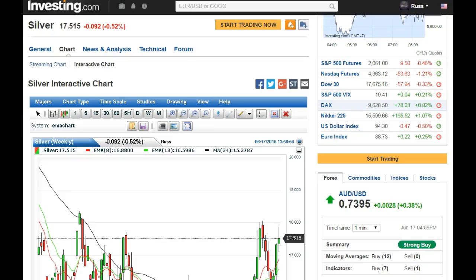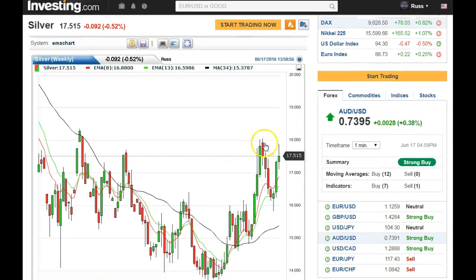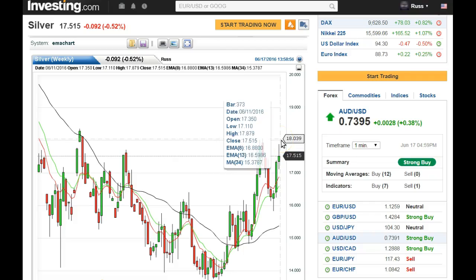Silver, on the other hand, I think is lagging still, but you can see the stair step. You can see the stair step into support, the reversal bar, and the continuation on the way up. We sure need to get above 18 to show any improvement.